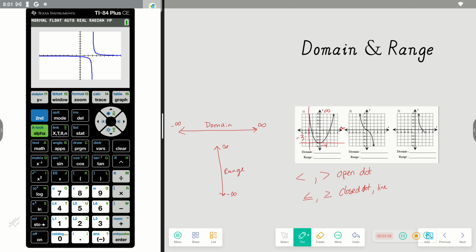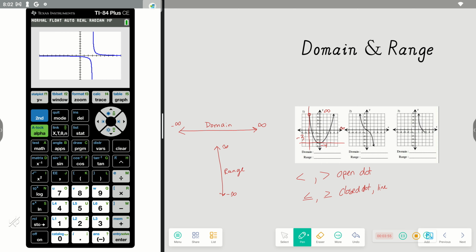But if you look at this dot at -3, this is an open dot. That's because that line goes towards that value, but it never actually is -3. So we want to know that it goes all the way to it, but also that it never actually does equal -3.